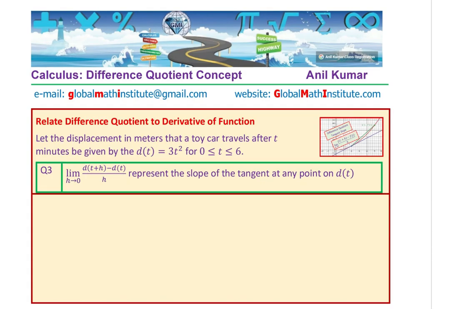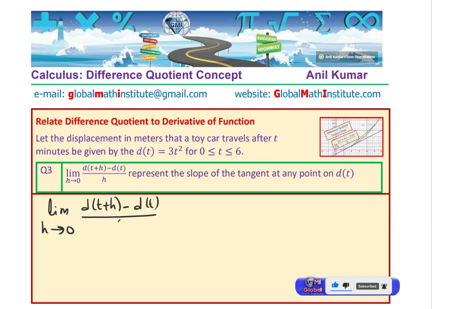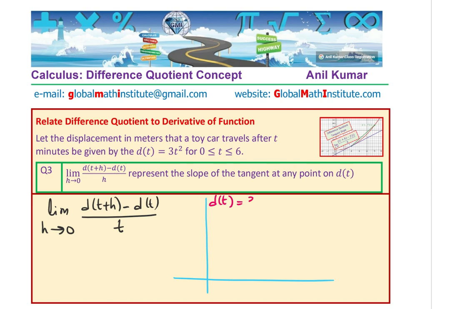Now let's move on to question number 3, which is: let the displacement, the same question, and limit, now we have written here limit h approaches 0 for d of t plus h minus d of t over h, represent the slope of tangent at any point on the curve d of t, right? That is the explanation, right? So basically what we are saying now is that, what I explained earlier, the function d of t, which is equal to 3t squared, right?